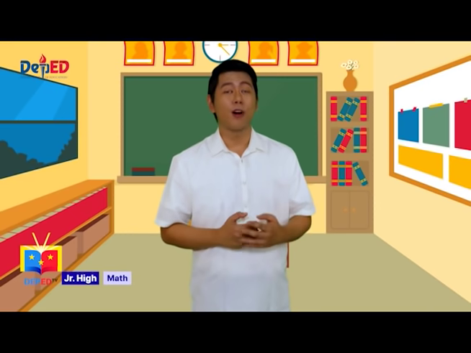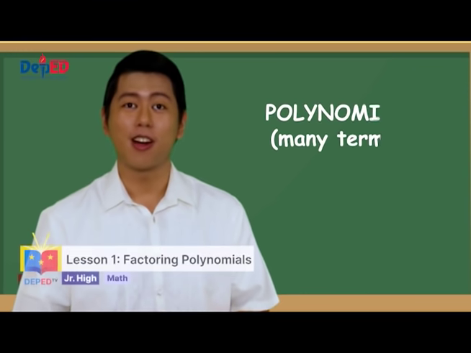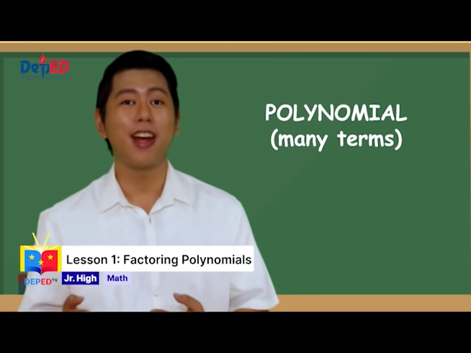Let us review the following terms. According to the Compact Oxford English Dictionary, the word polynomial comes from the Latin Greek words poly, meaning many, and nomen, which means name or term. Therefore, polynomial means many terms.